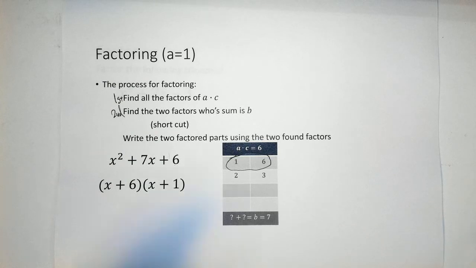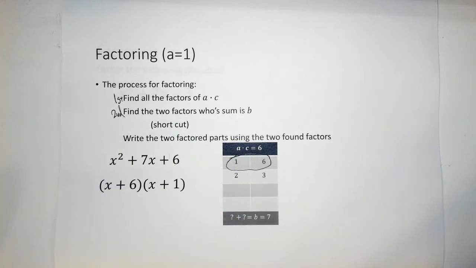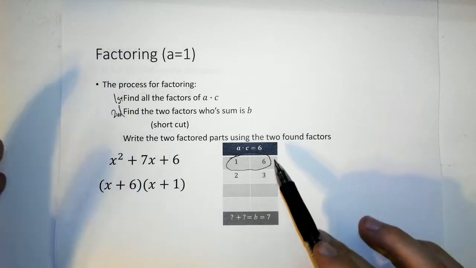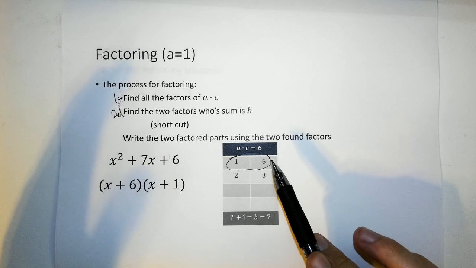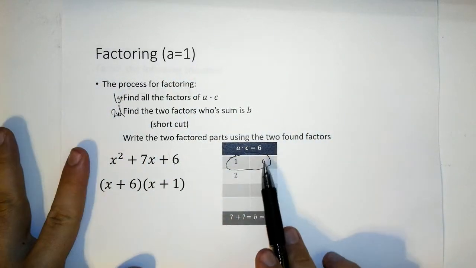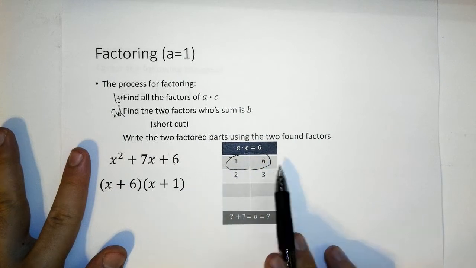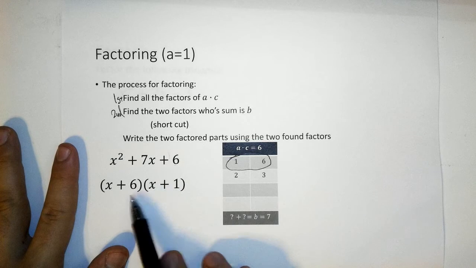So we're going to circle those numbers, and now, because we see that a is equal to 1, we can take a shortcut. And this is really important, because believe it or not, there's a lot of math that goes on here, and a lot of math that's very hard to explain. But it's working behind here, and when a is equal to 1, we can take just this kind of arbitrary shortcut of just writing our numbers right there. Notice, you see the 6 and the 1 right there?